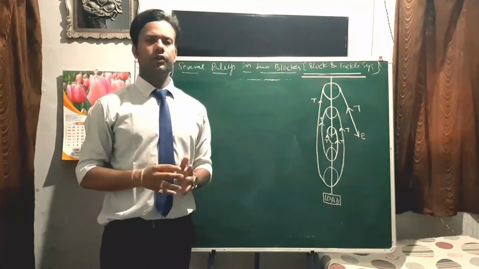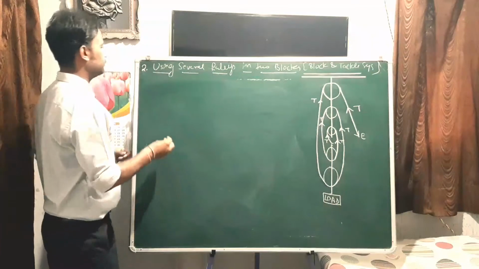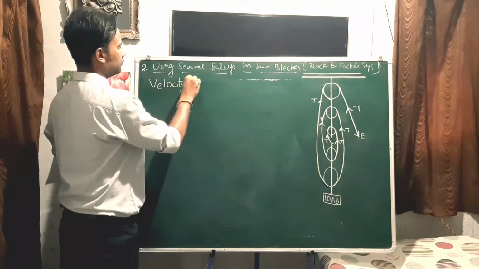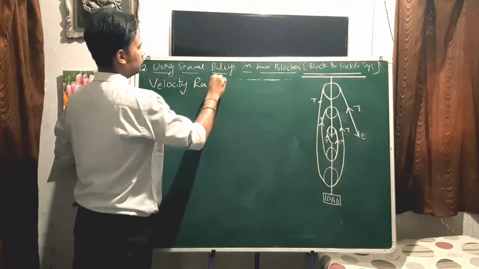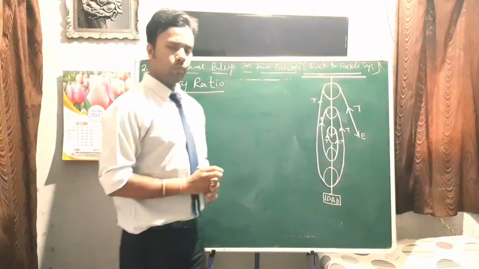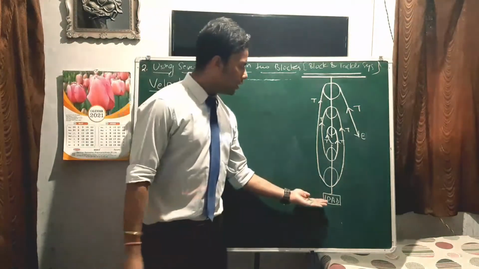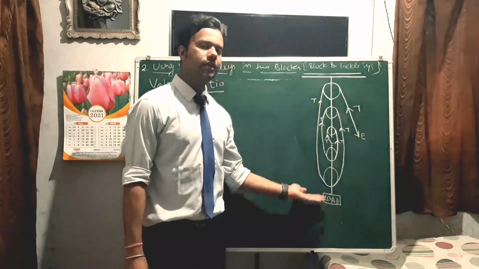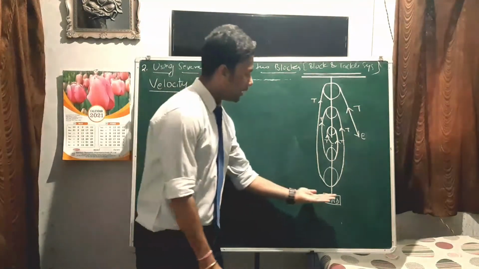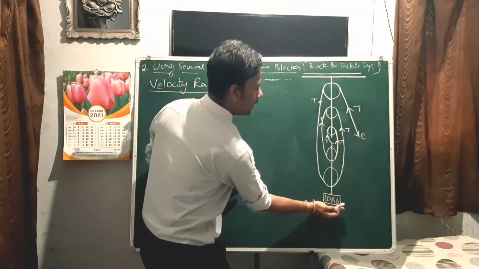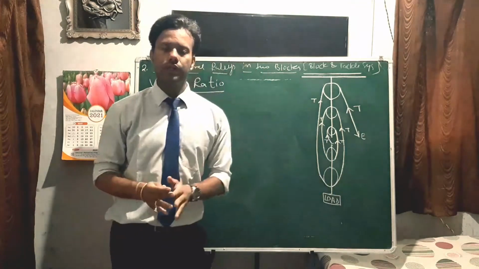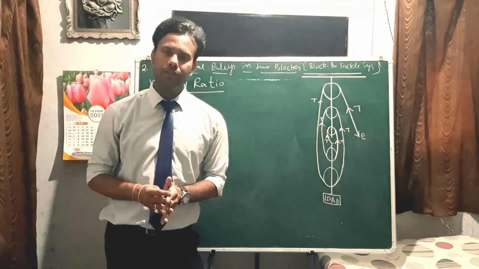Let's calculate the velocity ratio of the system. Now, suppose the load is shifted d distance upward. What will happen? If the load is shifted d distance upward, that means each string will loosen by the same amount of distance.